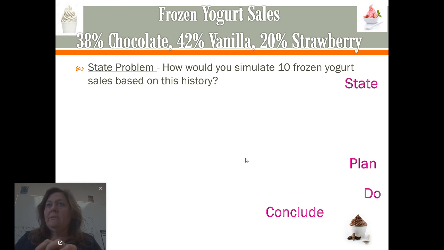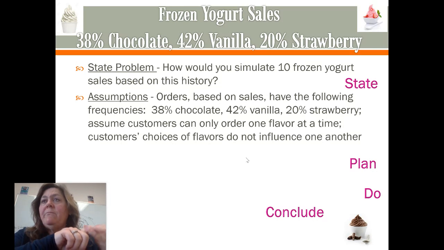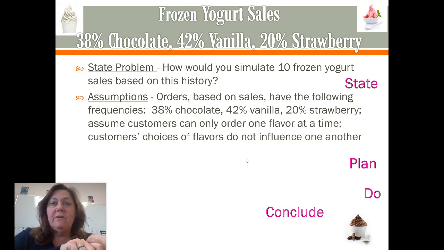Okay. So in this, you're going to go with your assumptions also being stated. Your orders are based on sales, and these are the frequencies you're using. You're assuming that customers can only order one flavor at a time, and that the customers' flavor choices do not influence one another. We always have to put in our assumptions, the percentages we're using, and that the trials are independent.